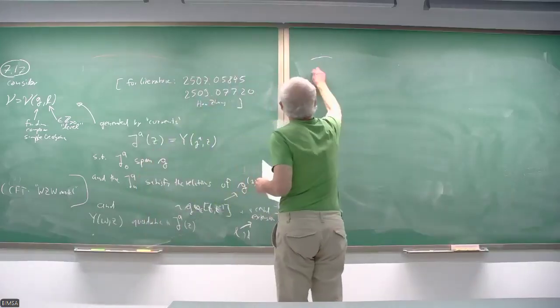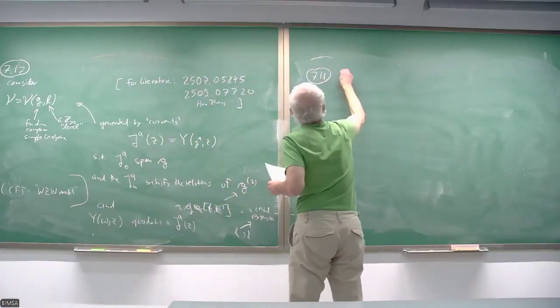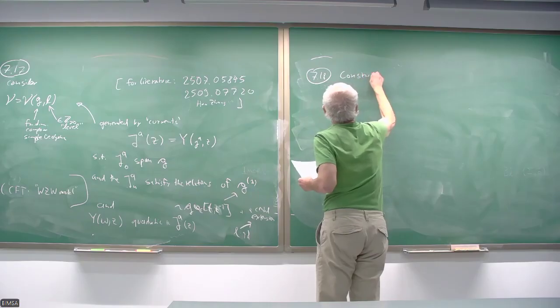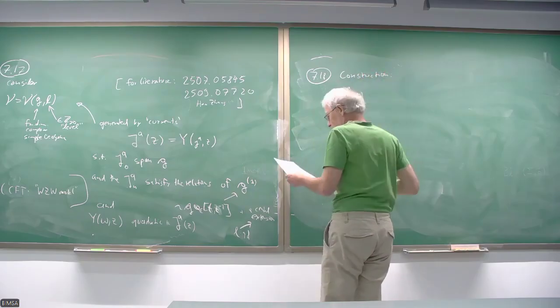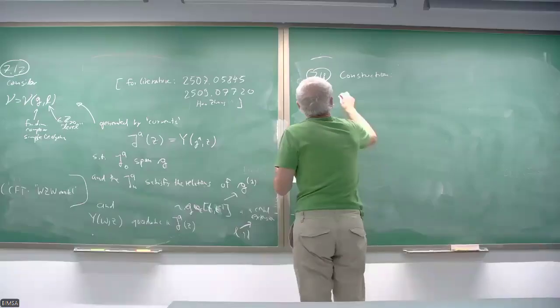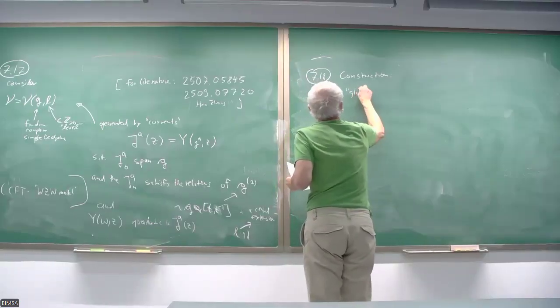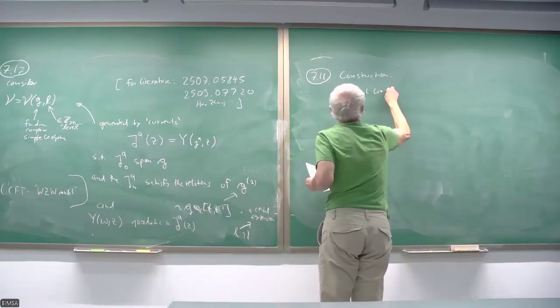Now, in this case, the construction of this space of blocks goes as follows. We first start with something which is sometimes called a global Lie algebra.